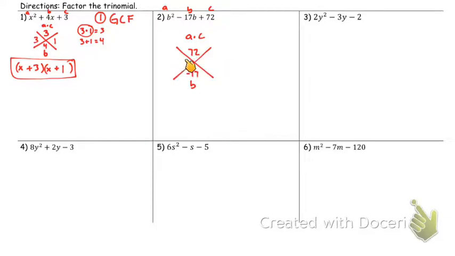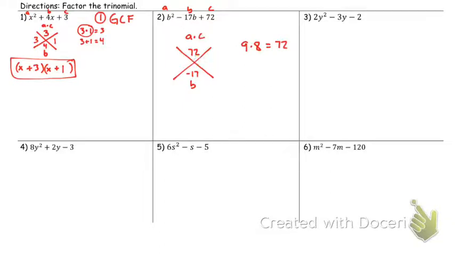Okay. So we're trying to find things that multiply to 72 but add up to negative 17. So I know that one way to multiply to 72 is 9 times 8. Okay, so that gives me positive 72, which we want.